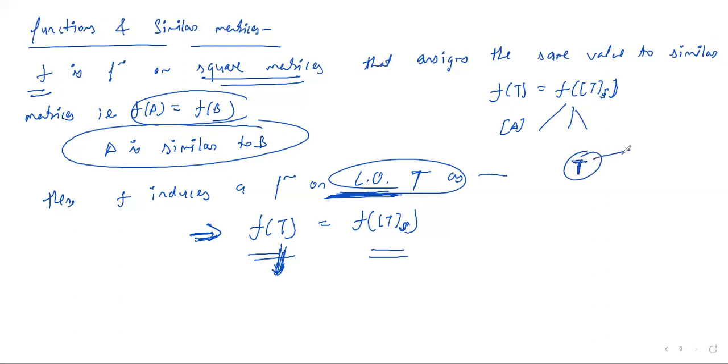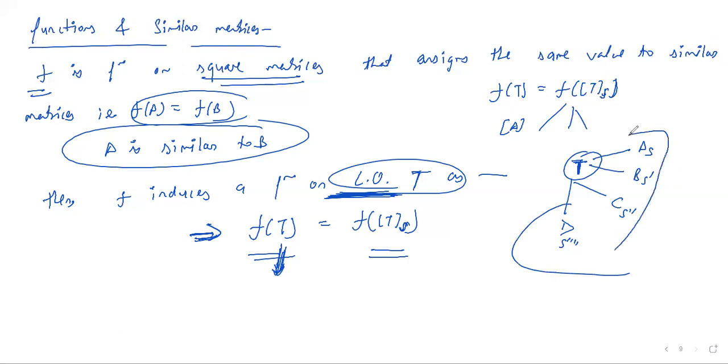Okay, linear operator T. I have the corresponding matrix A on the basis S, another matrix B on the basis S dash, another matrix C on the basis S double dash, and another on the basis S triple dash. Then the corresponding functions, such as trace and determinant, are all the same for these matrices.